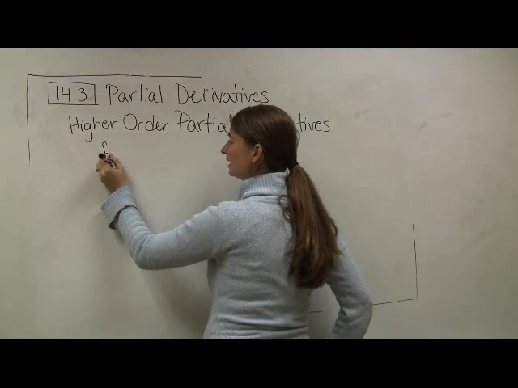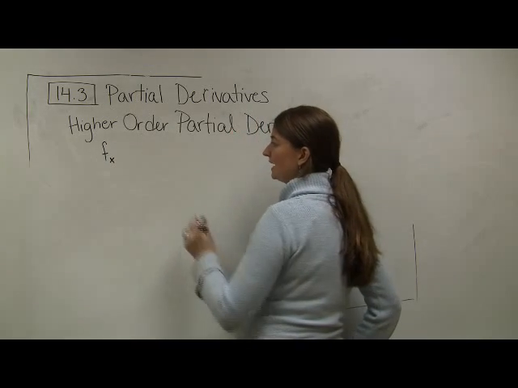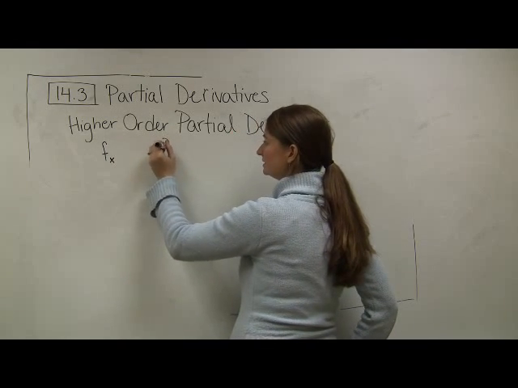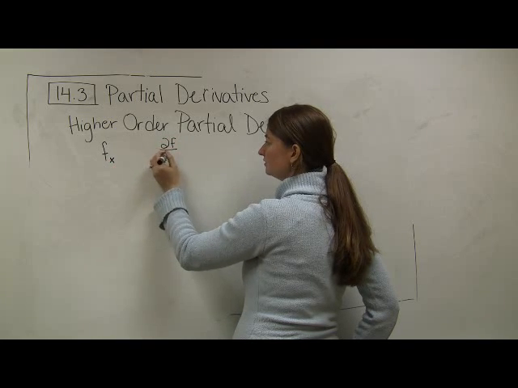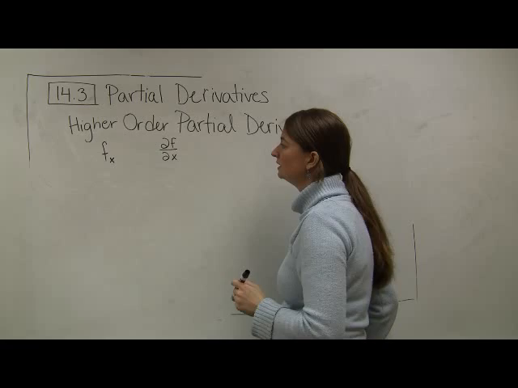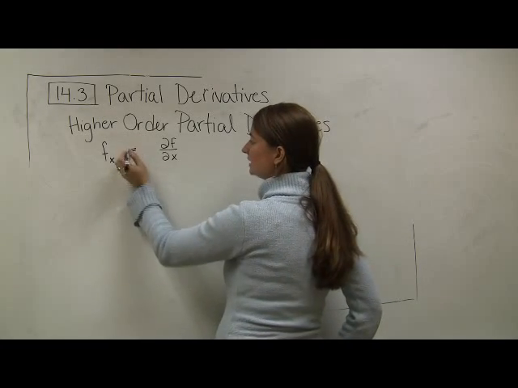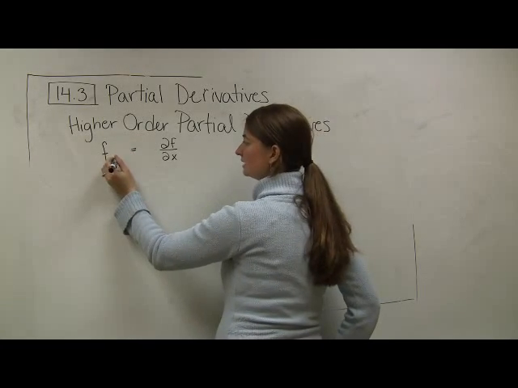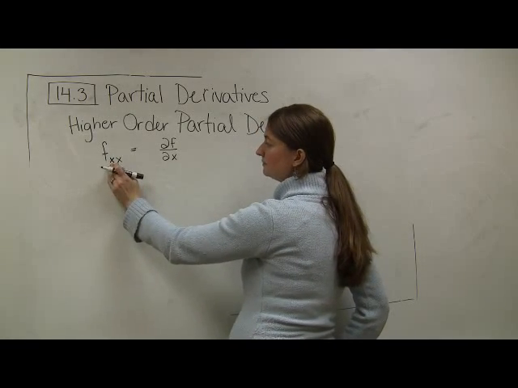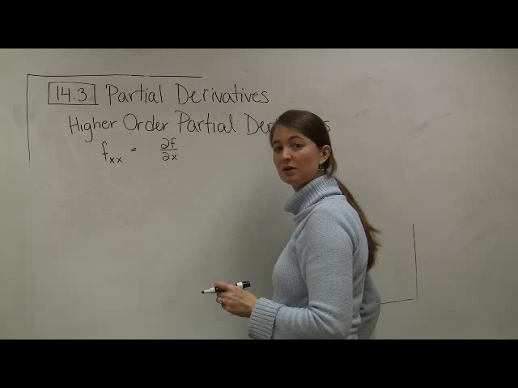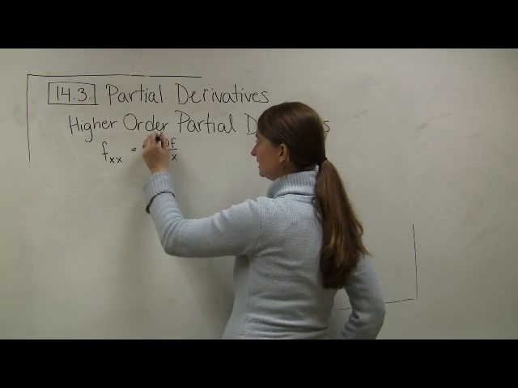So we talked about how if I take my partial with respect to x, one way to write that is f sub x, or a derivative of f with respect to x. Let's say that I want to take that derivative with respect to x a second time. Then I might write that as f sub xx, the second derivative with respect to x.